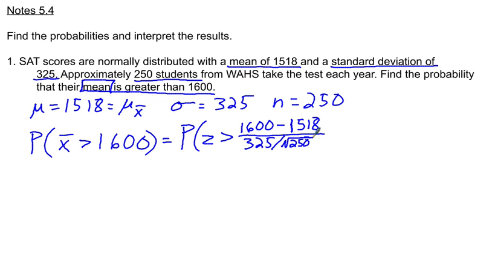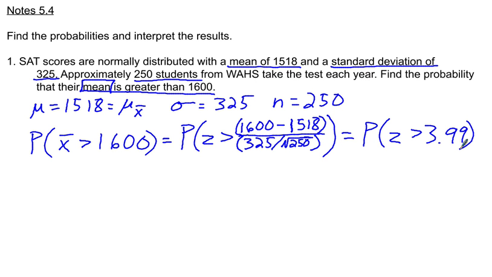Now on the calculator, each part has to be in parentheses in order for this to be calculated correctly. That will come out to 3.99. So already that's a really high z-score. It looks very unlikely that this would happen.